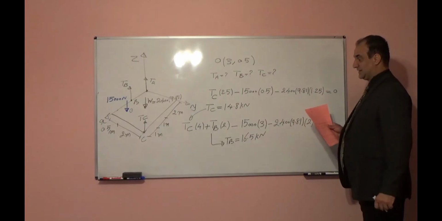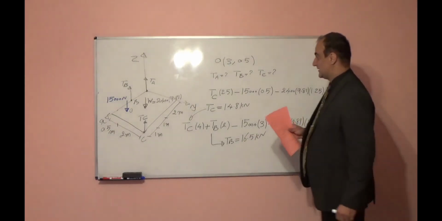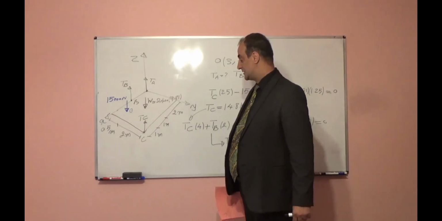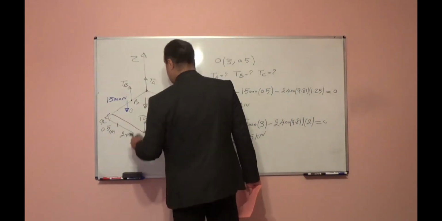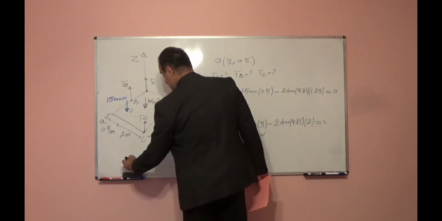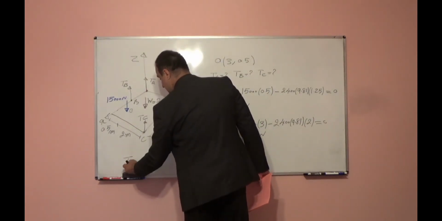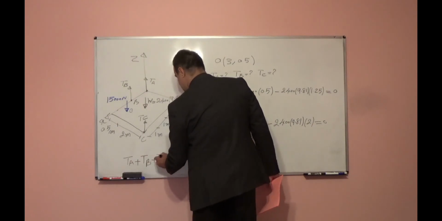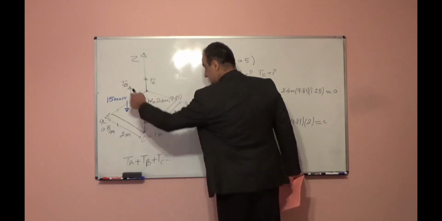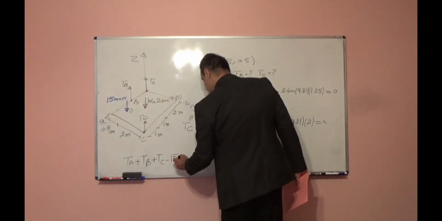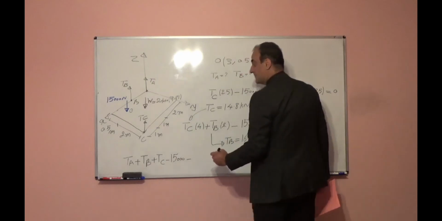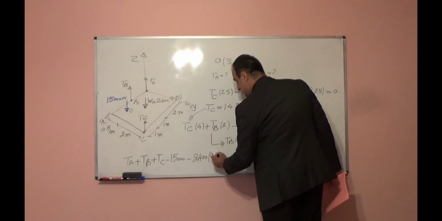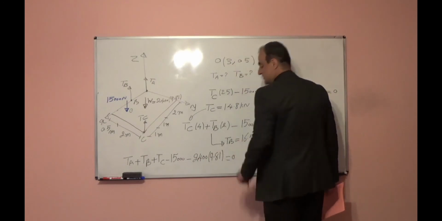Now after finding TC and TB, the last one, TA, you can find using the equilibrium equation of forces in the vertical direction, the z direction, equal to 0. So you can write TA plus TB plus TC minus 15,000 minus weight, 2,400 mass times gravity, is equal to 0.